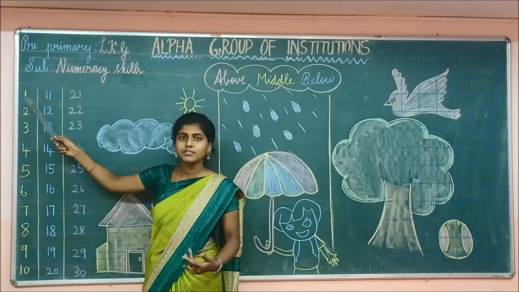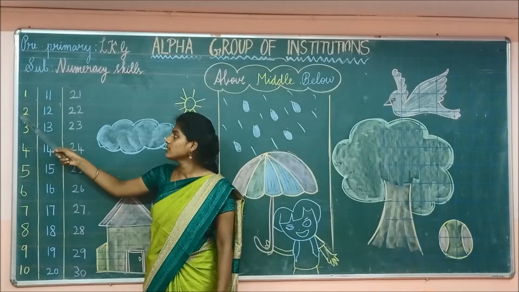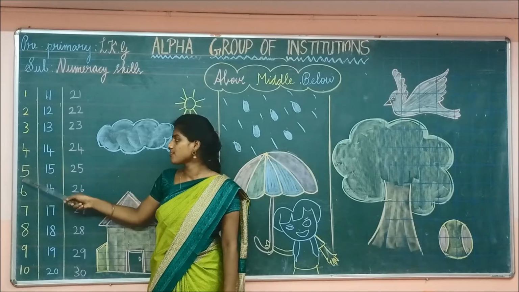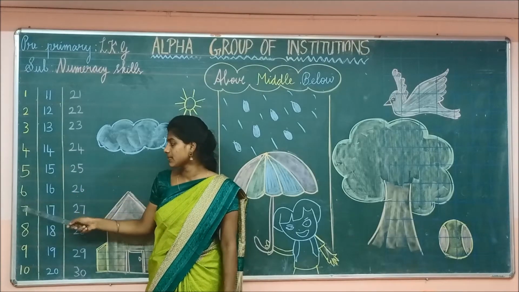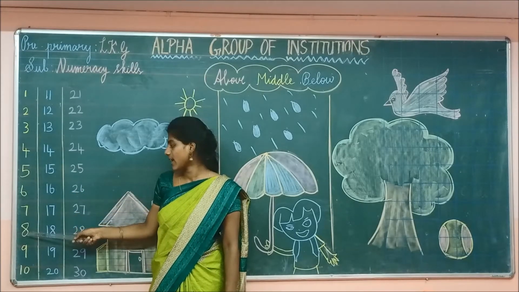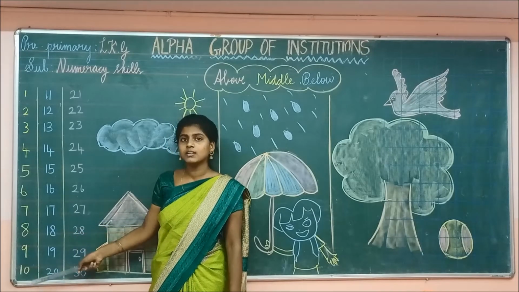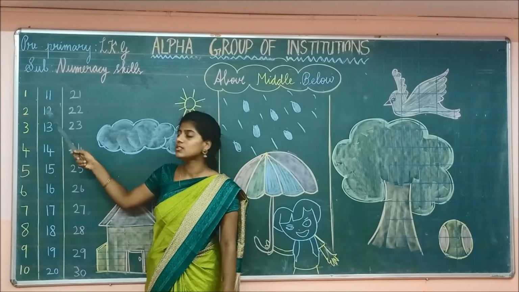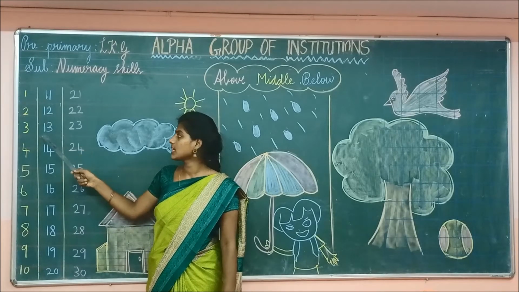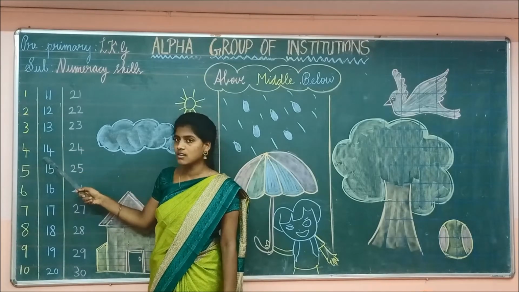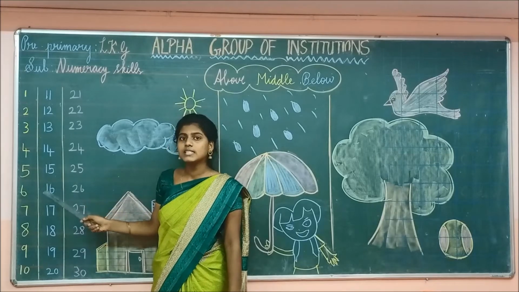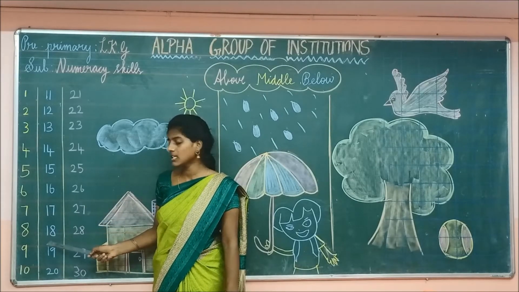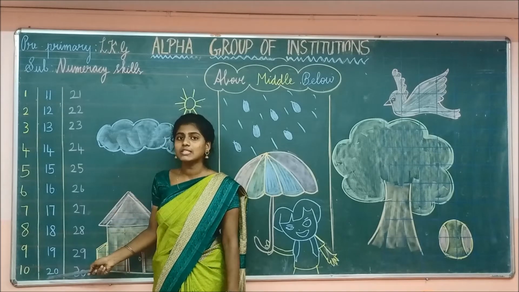Okay, children, read with me. 1, 2, 3, 4, 5, 6, 7, 8, 9, 10. Next, 11, 12, 13, 14, 15, 16, 17, 18, 19 and 20.